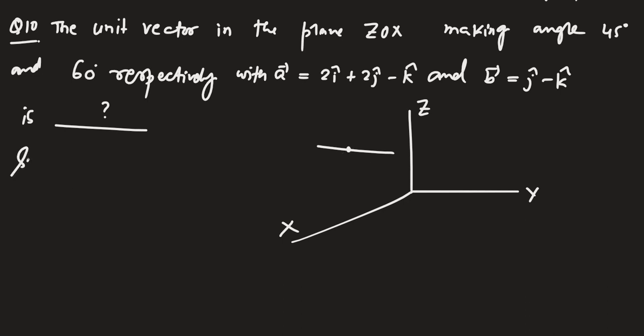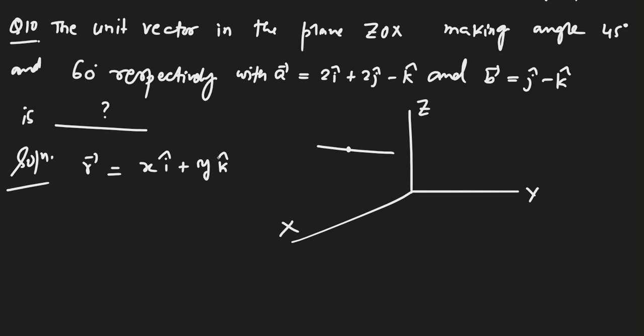So let our vector be r vector, which is equal to x i plus 0 into j plus y into k cap. Is it clear? Because there is no contribution of j cap.